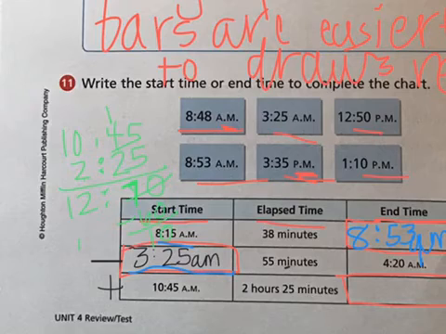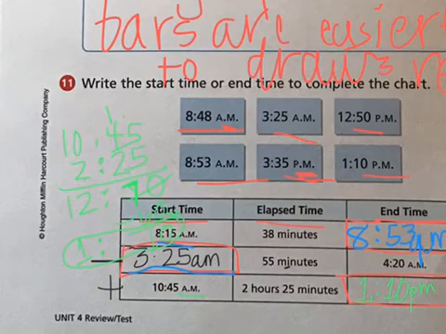It's the 1 o'clock hour. So now the new time is 1:10 right here, 1:10. And it was AM, but because we went past the 12 o'clock noon hour, now we're into PM. So the answer is 1:10 PM.